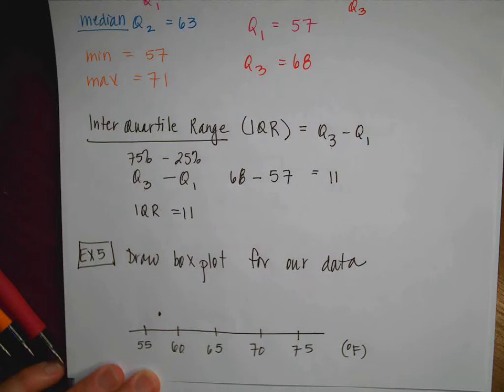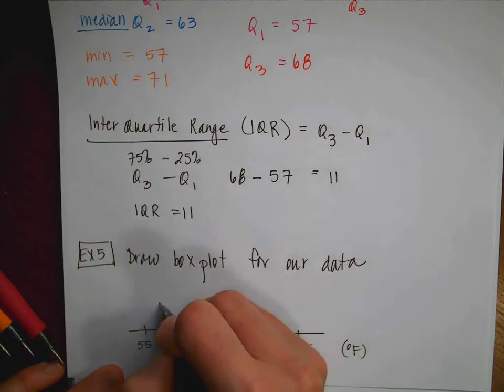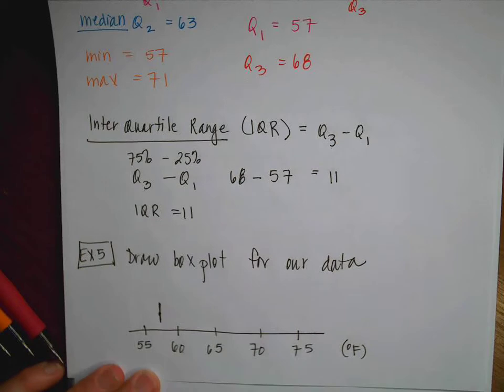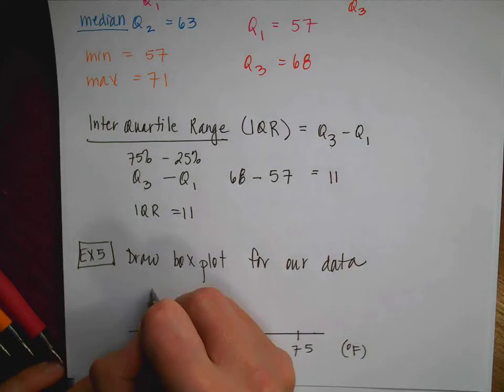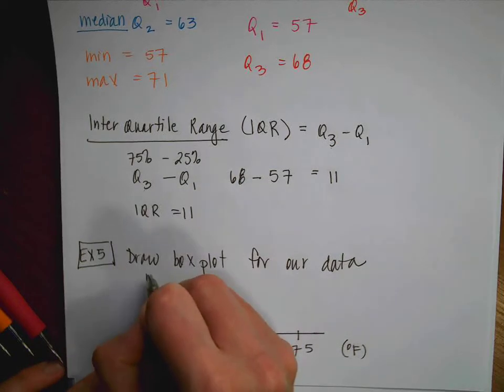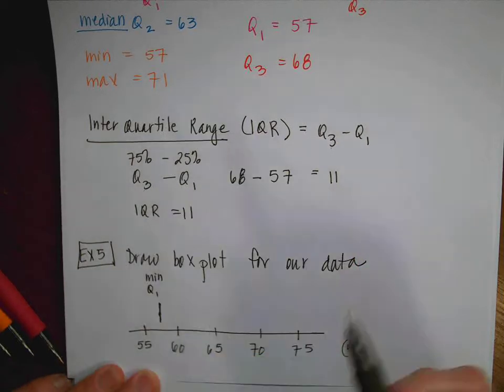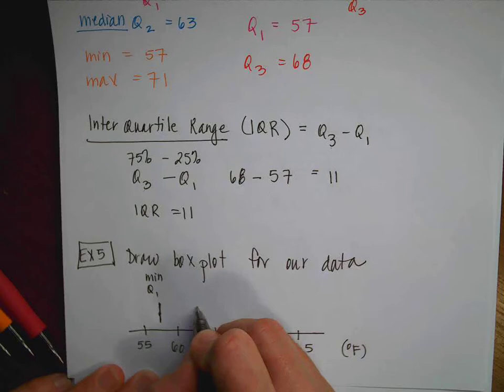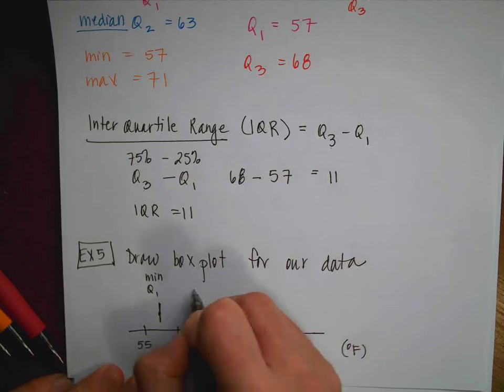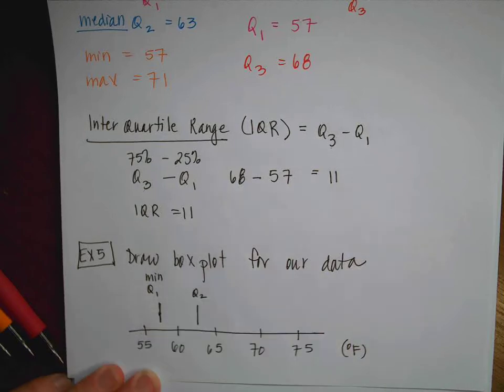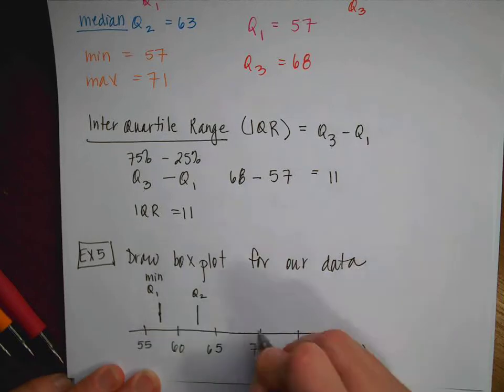Our minimum number was 57, so I'm going to put that right here on my box as a dot. Okay, so 57 is about there. And then my Q1 was also 57. So I'm going to go ahead and draw a line because my Q1 and my min were the same, and I'm going to label it so I know what those two numbers were. Okay. Q2, if I go back up to my data, was at 63. So 63 is about here. This is Q2.